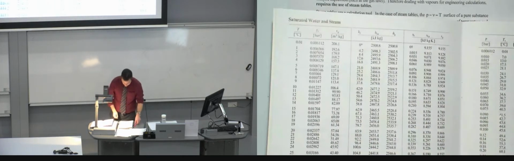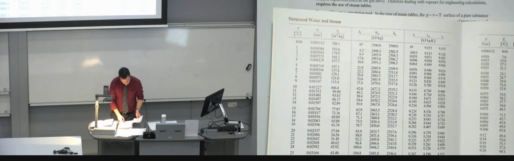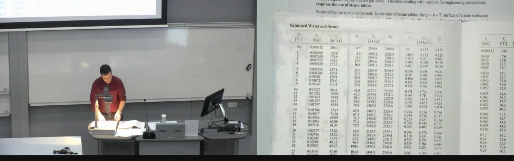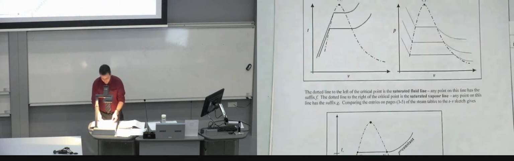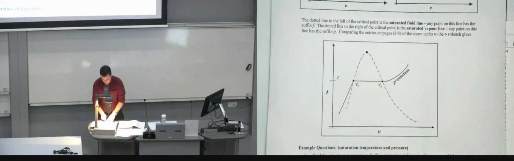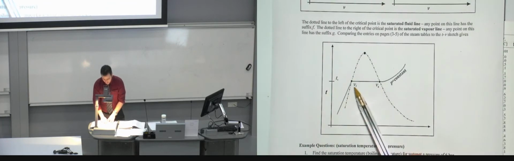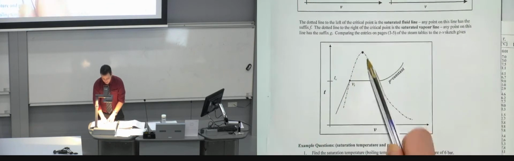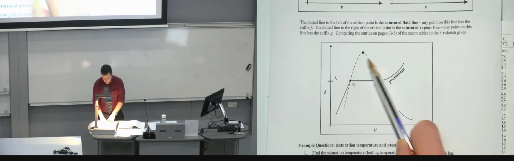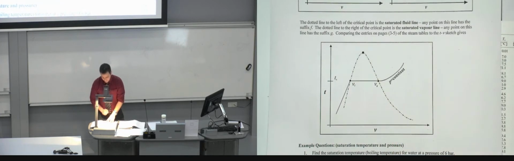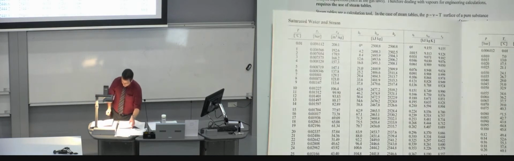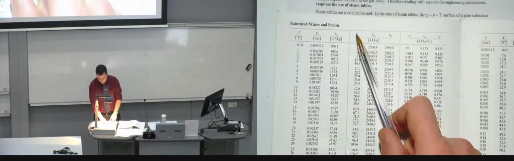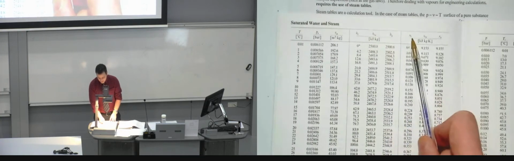And before we move on, it might be useful to explain, and we will come back to this, that this is the next page on your lectures. F would be the point on this line, and G would be any values on this line. So that's just to give you an idea, but we'll come back to this, don't worry. So F and G for enthalpy, and the same for entropy.